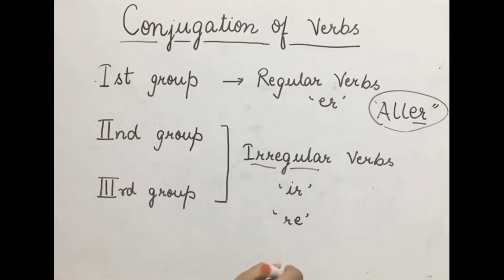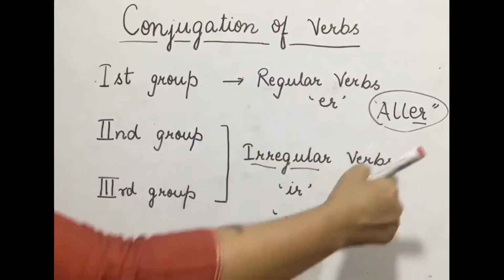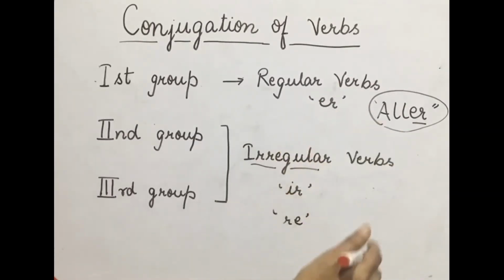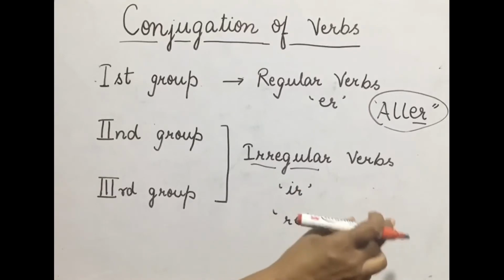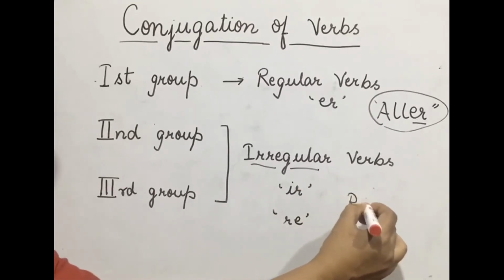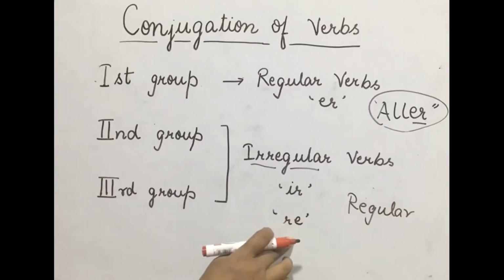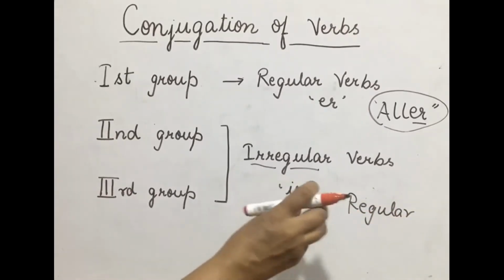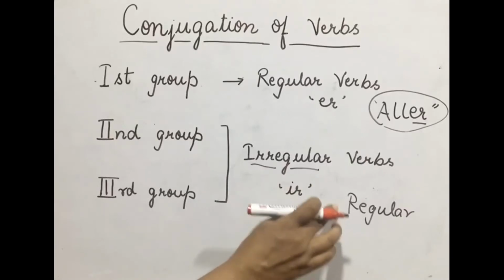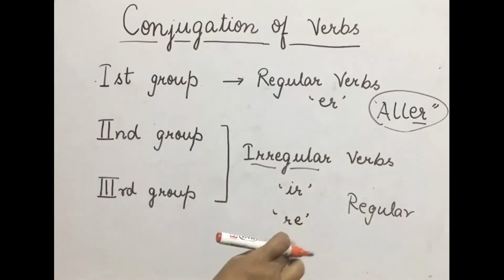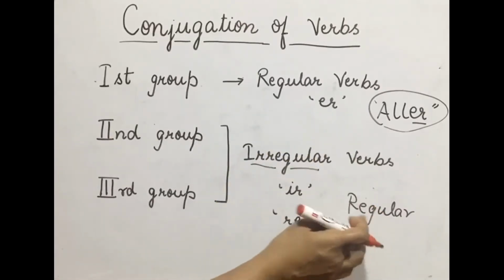So out of these irregular verbs, we find a few which follow a set pattern, and we call them regular IR verbs and regular RE verbs.